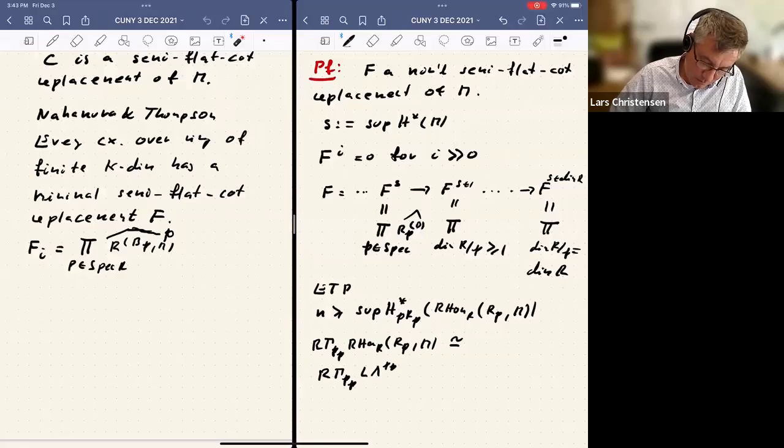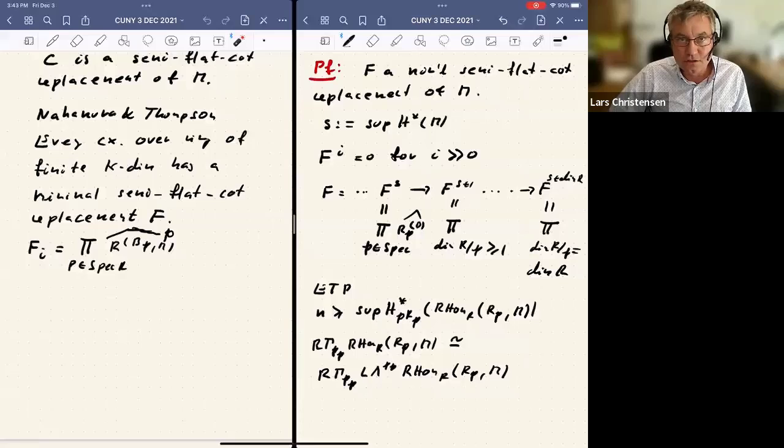So I can throw in the derived completion at the maximal ideal pR_p, and then take cohomology, and then take torsion. It doesn't change anything.